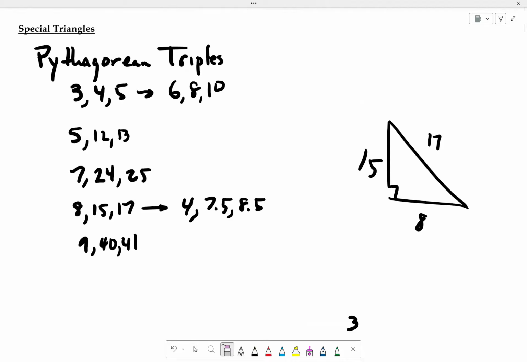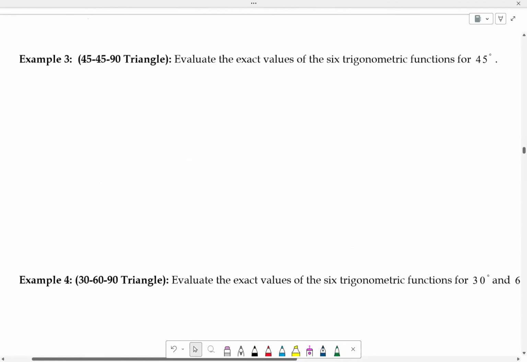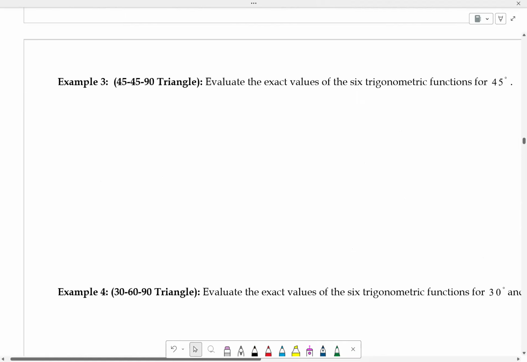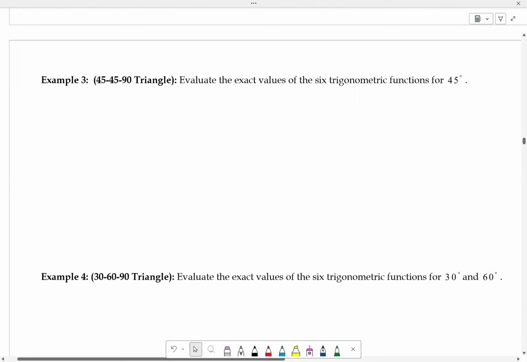Okay. Other special kind of triangles. There are two other kind of special triangles that you need to know about. Okay, so let's draw 45, 45, 90 together.